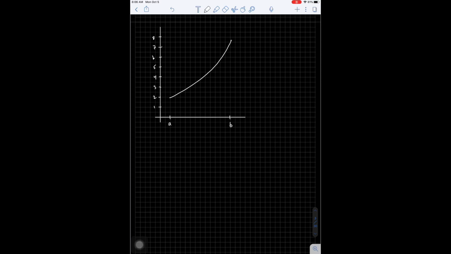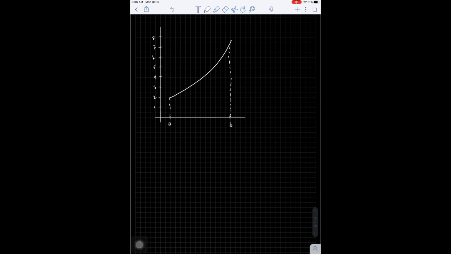There's no area that defines this region. We're going to find the area under this curve between the values of a and b, and a and b can be anything. So this is kind of an odd shape, and because it's a curve on top, like it's almost a trapezoid but not quite because it's kind of curvy, and so there's no formulas for this. So this is the problem that we solve in the second half of calculus.